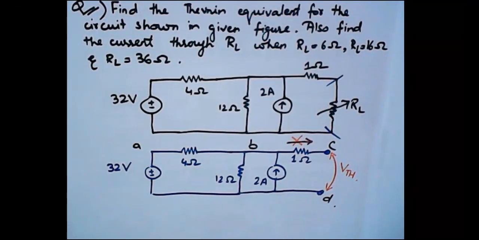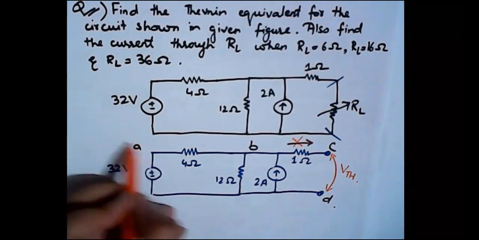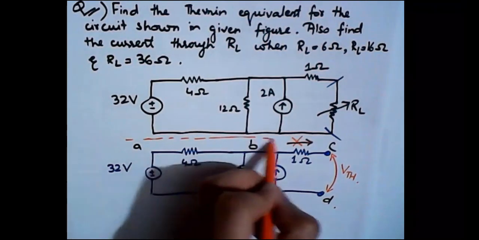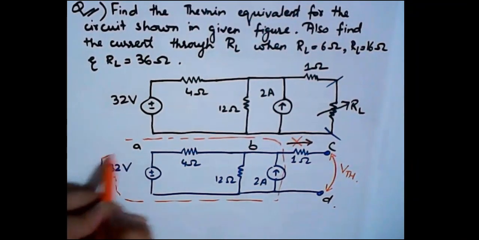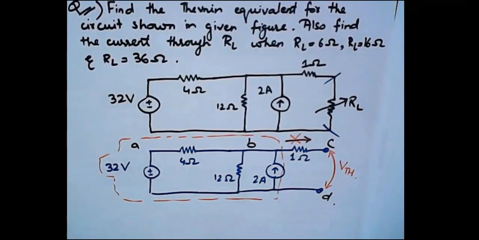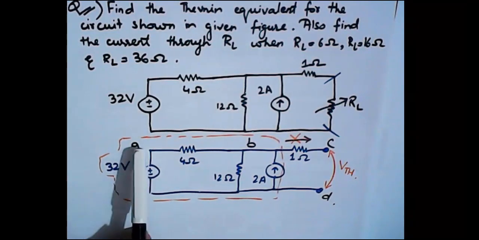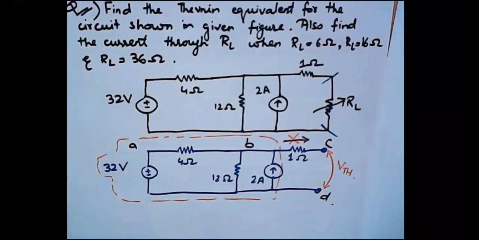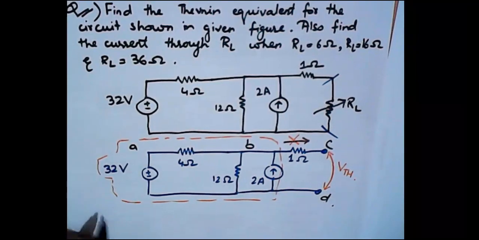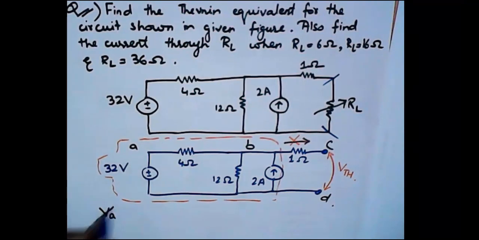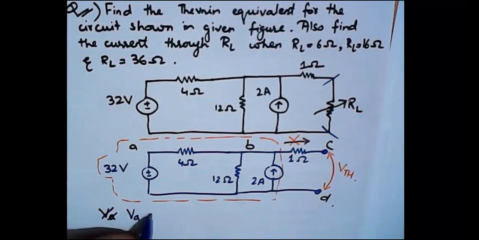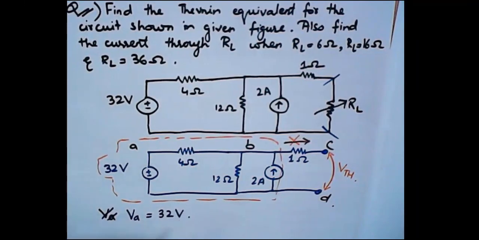We can effectively consider this part of the circuit and apply nodal analysis to it, right? So we know that there is a voltage source present between a reference node and a non-reference node that makes the source voltage equal to the node voltage, which means VA will be equal to 32 volts, right?